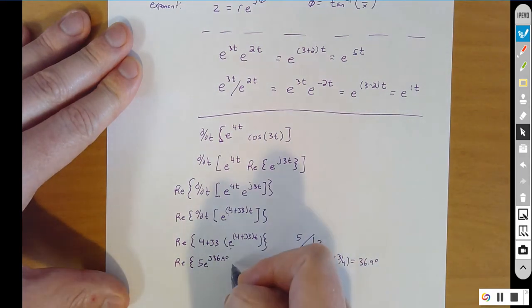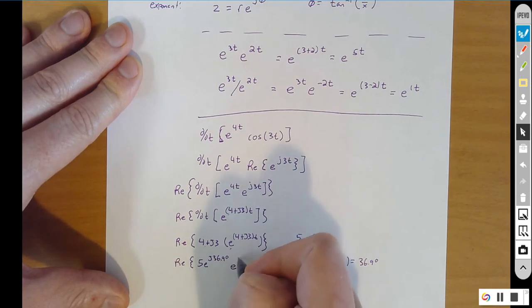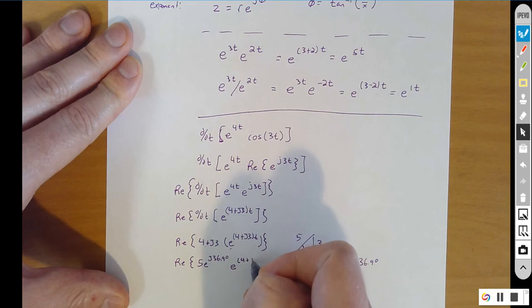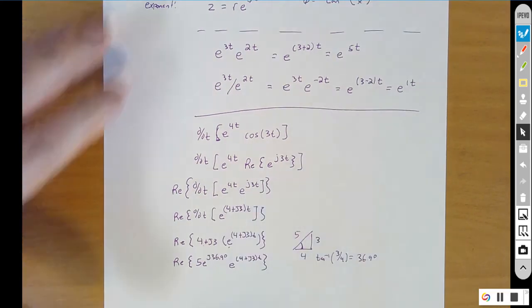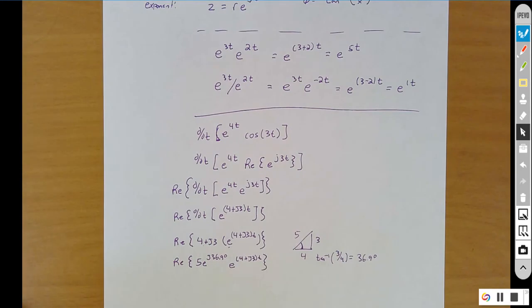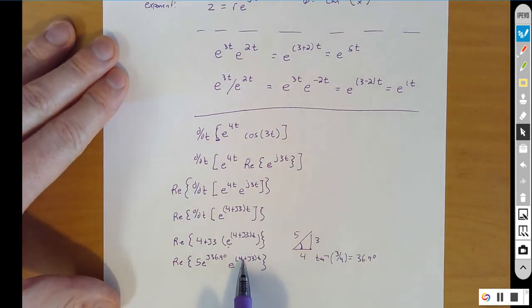So this will be our phase shift. So we're actually going to get a phase shift out of this. And then we're going to multiply that all by e to the quantity (4 plus j3)t. And we're almost there. So now all we do is notice that some of these terms both have a t. This term has a j, this term has a j.